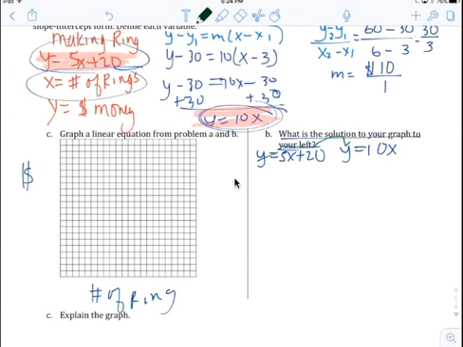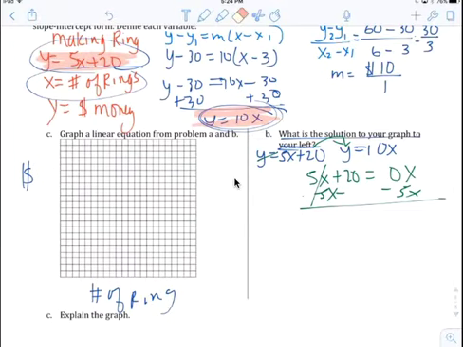You substitute that in there. 5x plus 20 equals 10x. This is 10, not 20. 20 equals 5x.